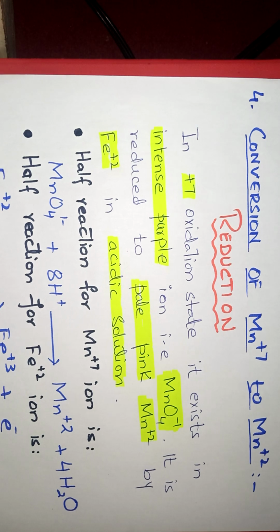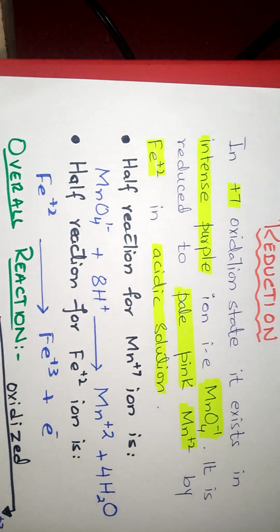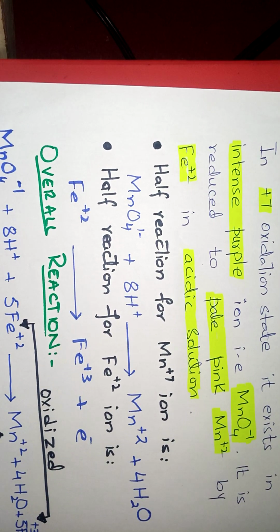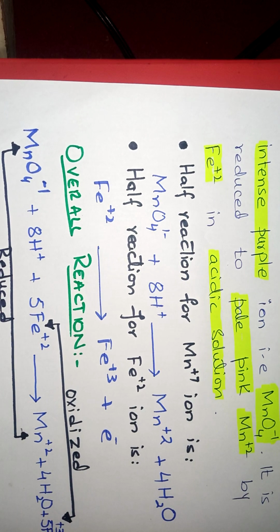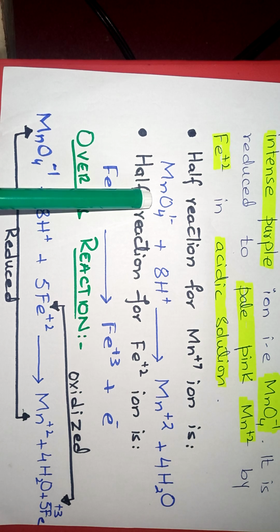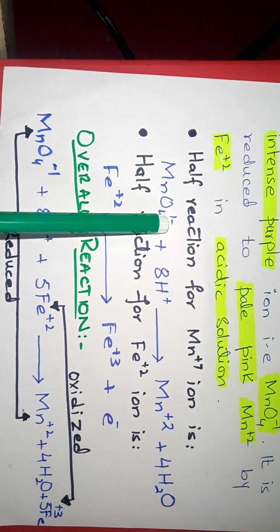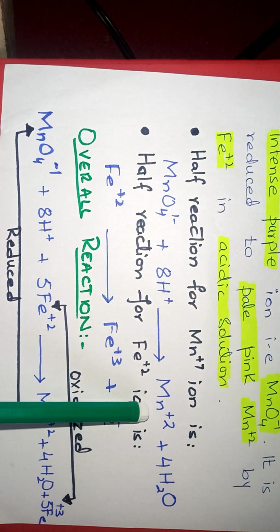Let's see the half reactions for both manganese and iron, and then we will go for the overall reaction. The half reaction for manganese +7 ion: you can see the manganate ion has an overall -1 charge and it is converting into manganese +2.